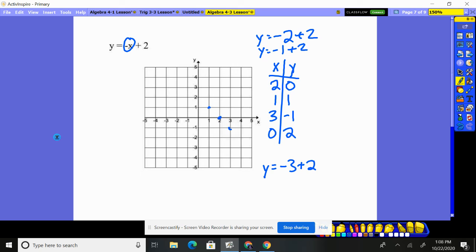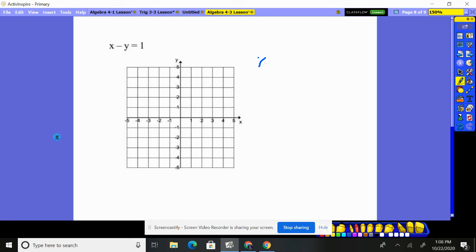Over 3, down 1. And over 0, up to 2. Now you can see those are in a nice straight line right there. Put arrows showing that it continues. What that's doing is showing that this point right here is a solution, and right here, and right here, and it continues forever. It's showing the infinite number of solutions by our picture.